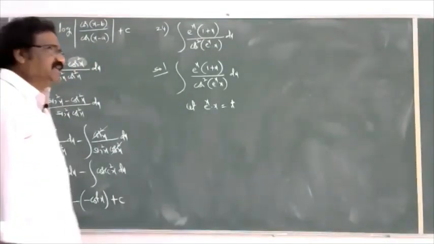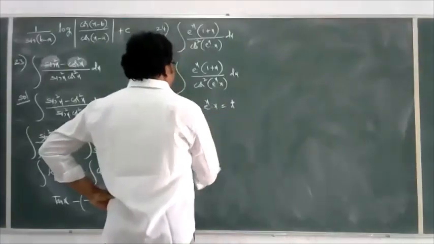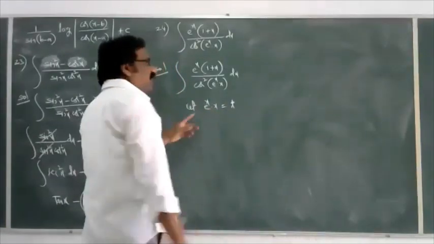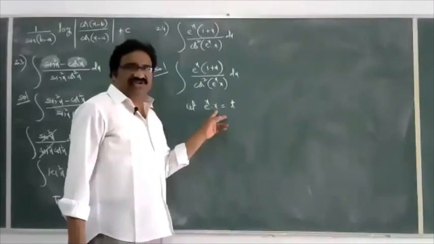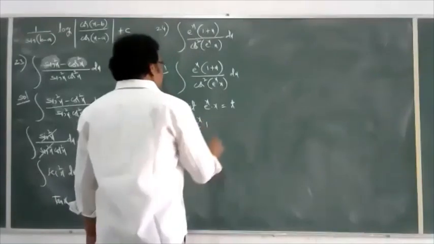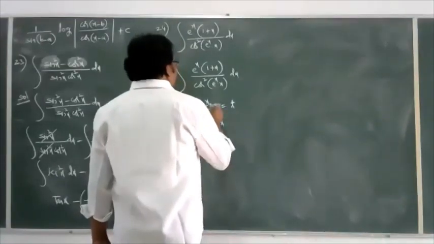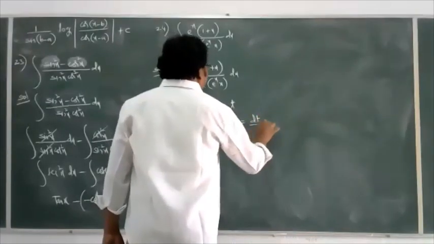Differentiating both sides with respect to x, here e power x is one function, x is another function, so using the product rule in differentiation: e power x into the derivative of x, 1, plus x into the derivative of e power x, e power x, is equal to dt by dx.